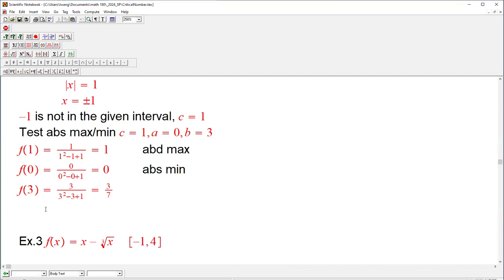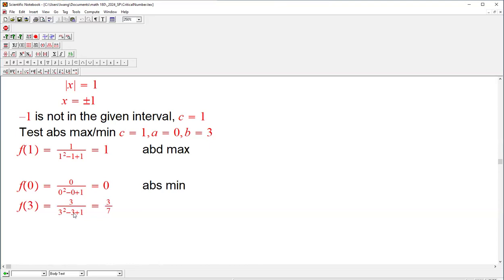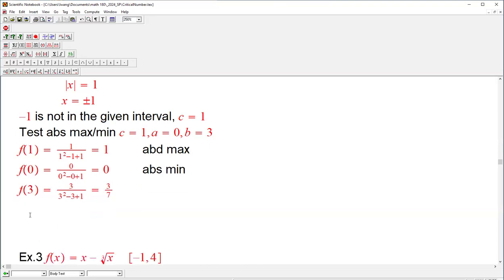Usually we prefer you have a closure by writing, say, the absolute max.